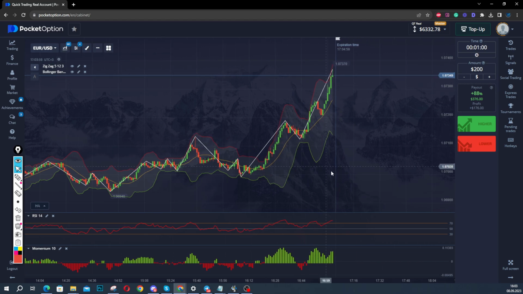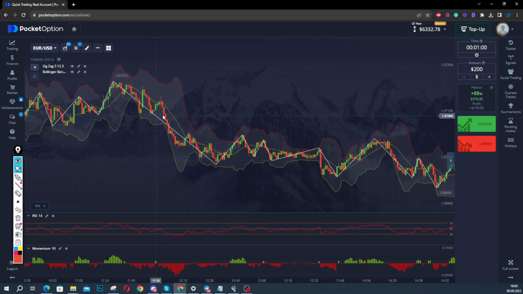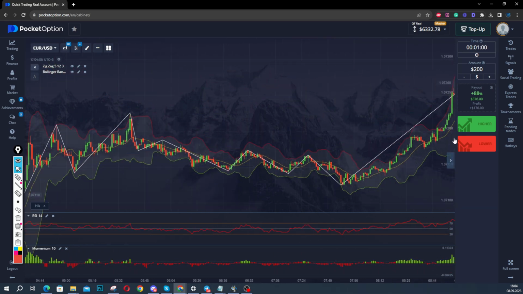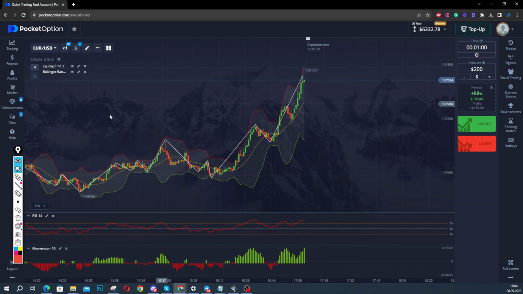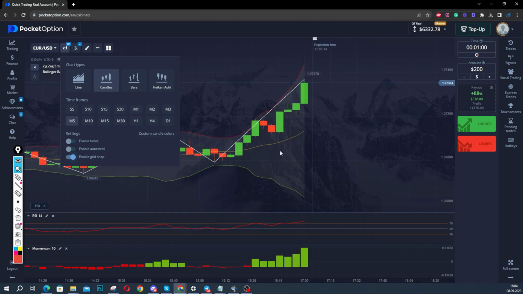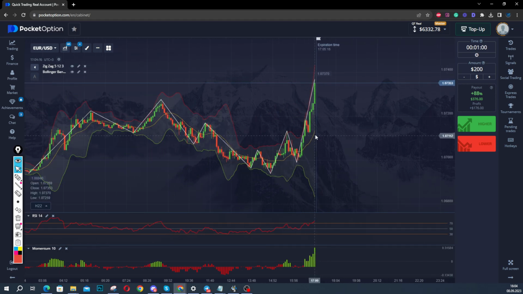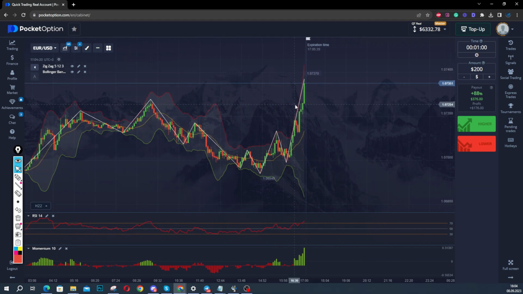Here I don't see many opportunities because the market is pushing like a monster upwards. We can change the time frame. If we see some resistance there... now the market keeps climbing higher today, and I don't want to trade against it.